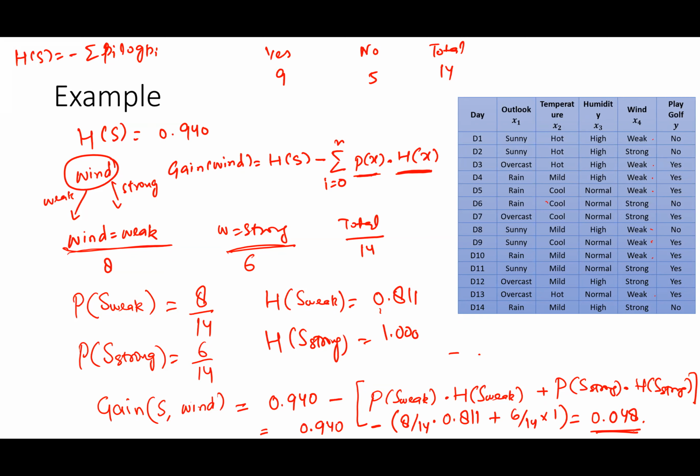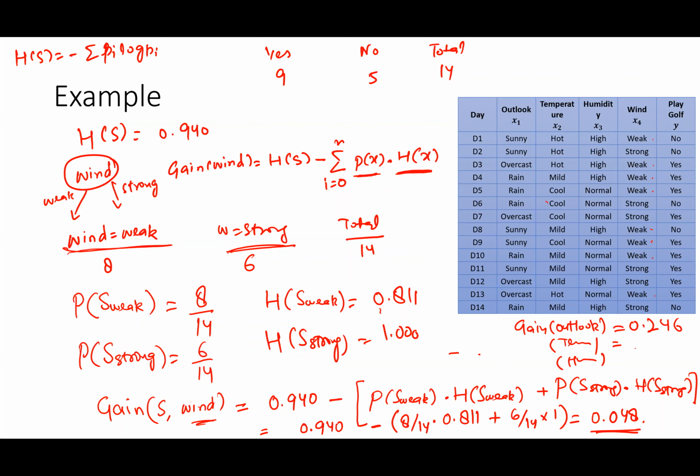Similarly, you might calculate the information gain when we select the other attributes: outlook, temperature, and humidity as well. So wind we did. In case of outlook, it is 0.246.